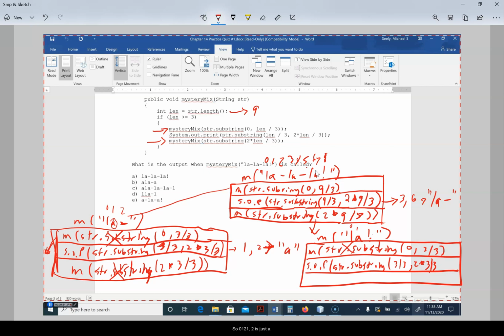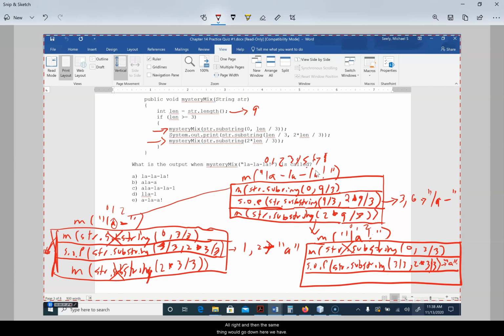So 0, 1, 2. 1, comma 2 is just A. So that would be A. And that's hard to see right there. That's an A. Either way, I have this written out a little bit better, so you can kind of see it. So A.